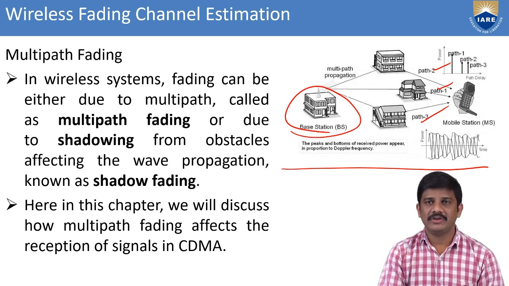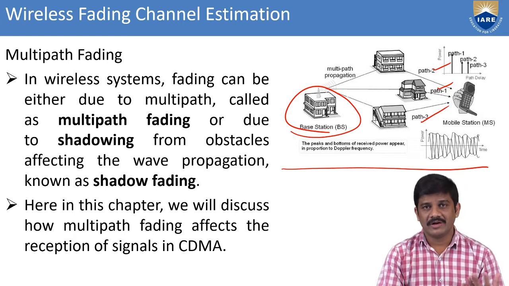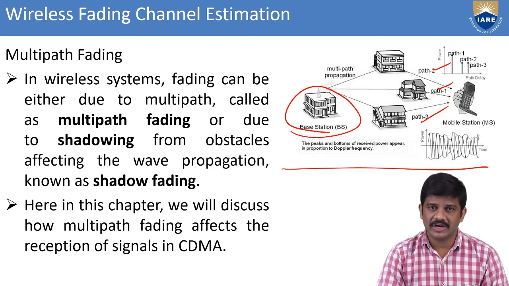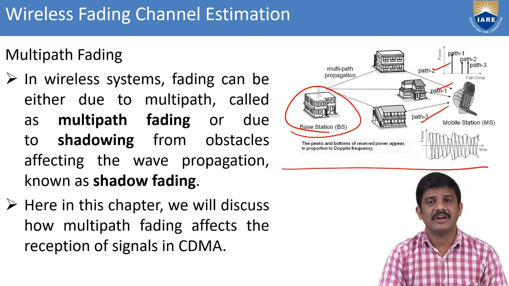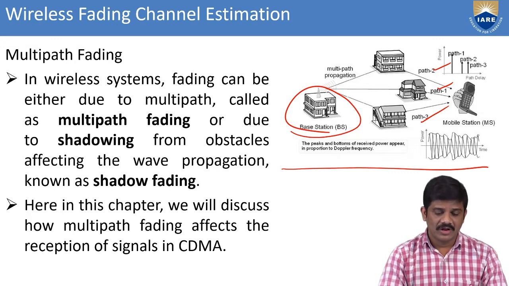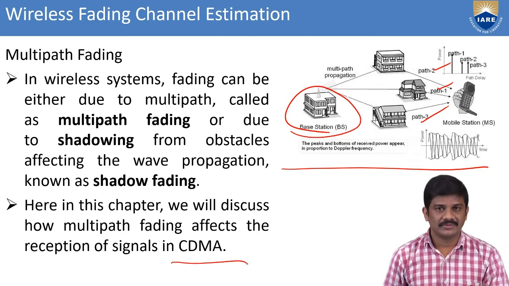Obstructions between the base station and receiver can also cause fading, otherwise we can get intersymbol interference. Then we can discuss all the multipath fading effects, and the reception of the signal in code division multiple access.